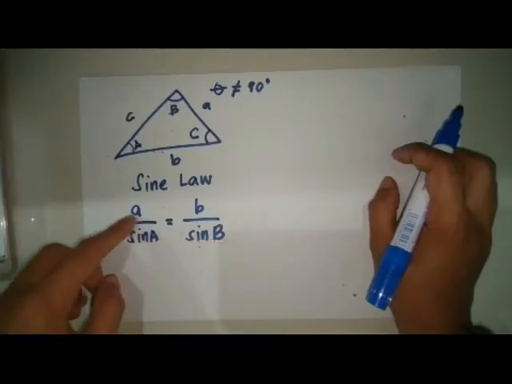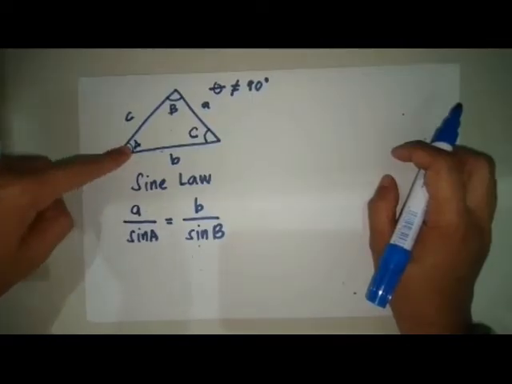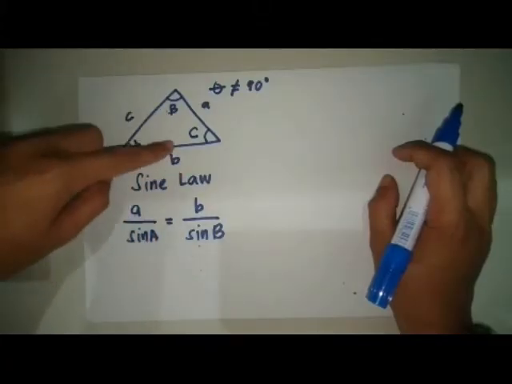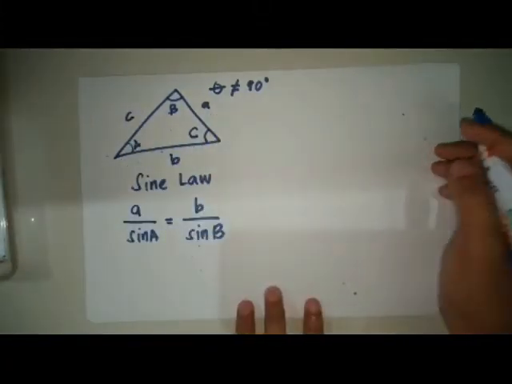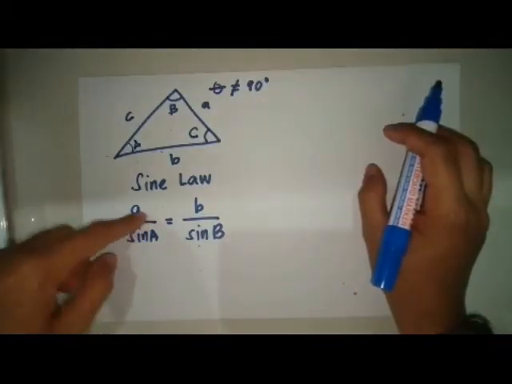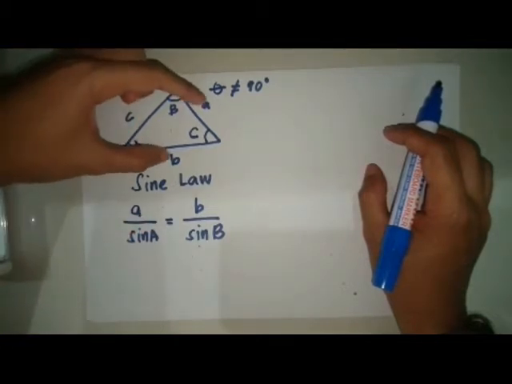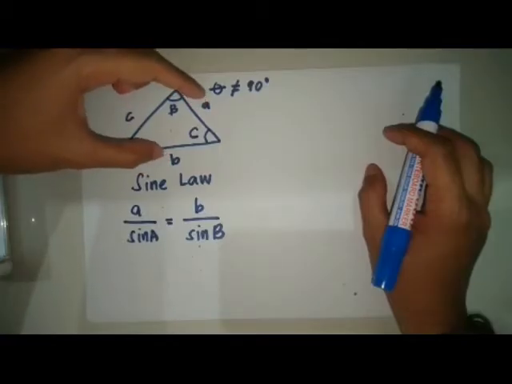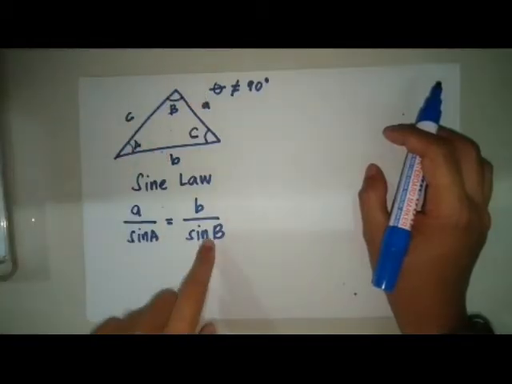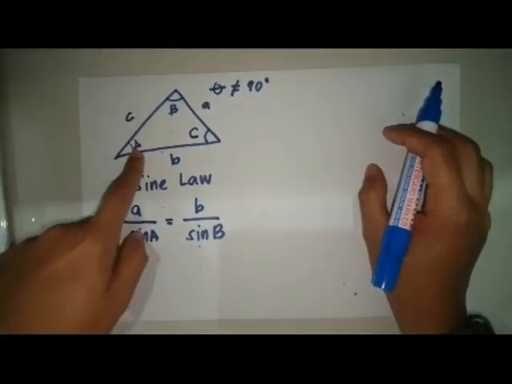Means that given ka ng side na opposite sa A, and given yung angle B, and given yung opposite na side sa B, pwede nating makuha yung length ng side A. So, pwede rin na meron kang dalawang side na given, and kahit isang angle lang na opposite sa dalawang side na to, let's say B or A, pwede mo na makuha yung isa pang katapat ng isang side.